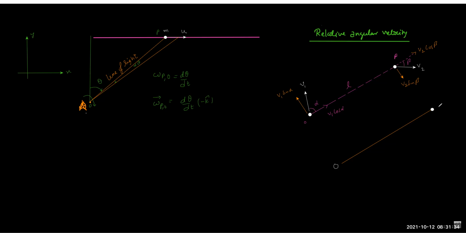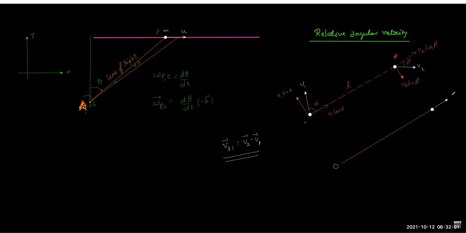So what is the relative velocity in this direction? We use the concept: velocity of 2 with respect to 1 is the difference.